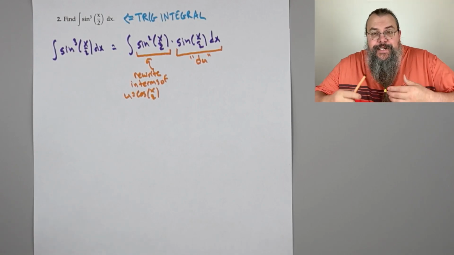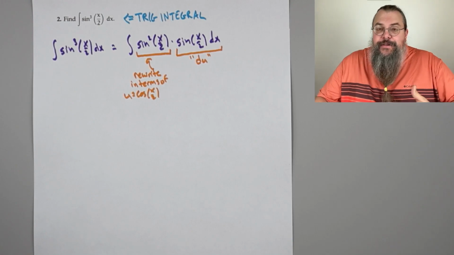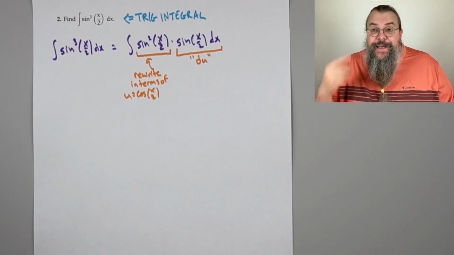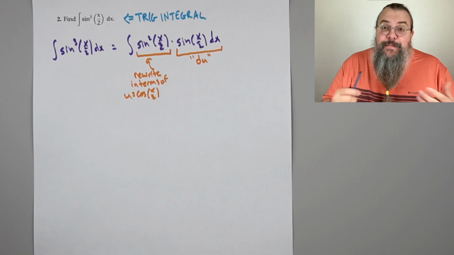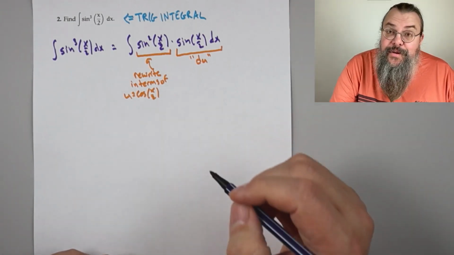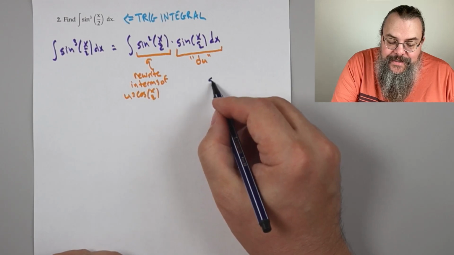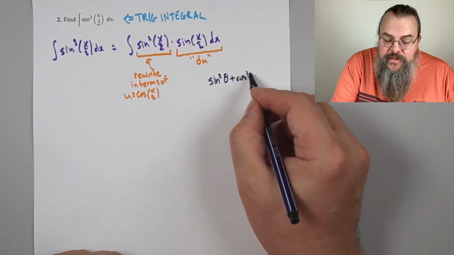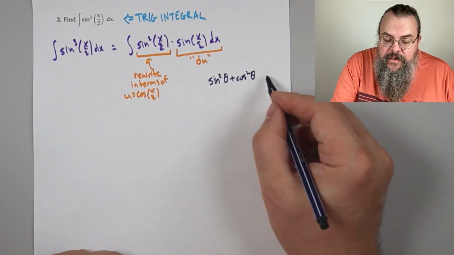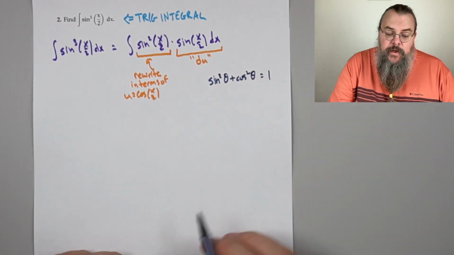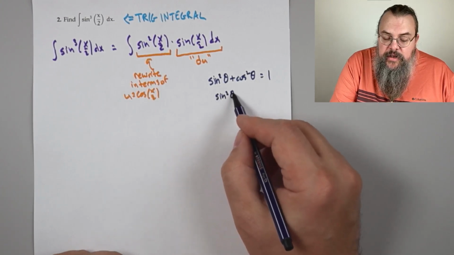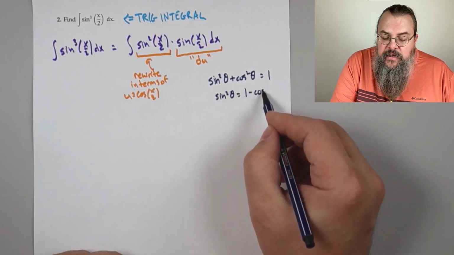Now, how do we do it? Well, we dig deeply into our trig identities, and well, it turns out we don't have to dig very far. It's actually the first one, the one that people actually remember. Do you remember it? Yeah, it's sine squared of theta plus cosine squared of theta equals 1. So that allows us to say, hey, sine squared, you're 1 minus cosine squared.